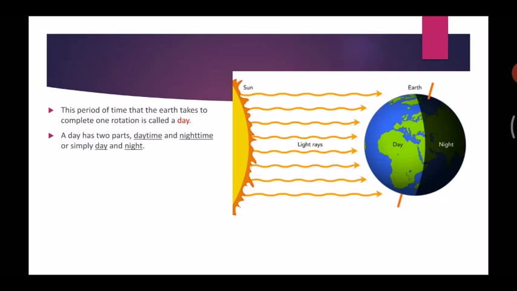It has two parts, that is the daytime and night time, or simply we can say day or night. Now for the purpose of measuring time, we divide the whole day into 24 parts and each of these parts is called an hour. That is called 1 hour. So therefore, how many hours do we have in a day? We have 24 hours in a day.